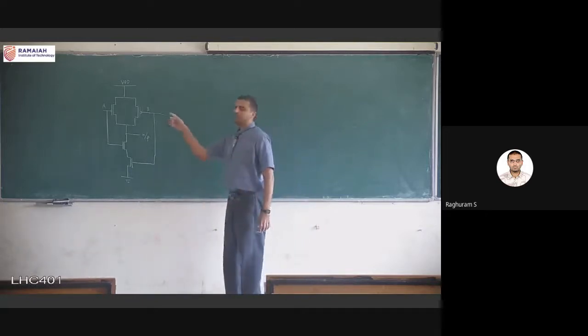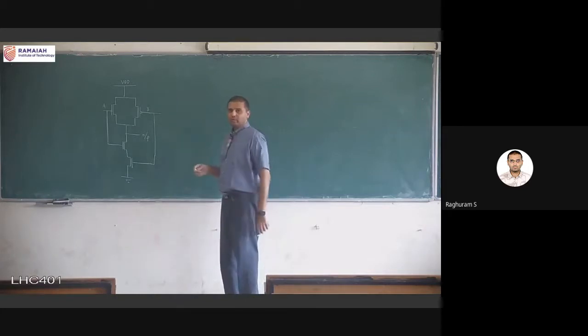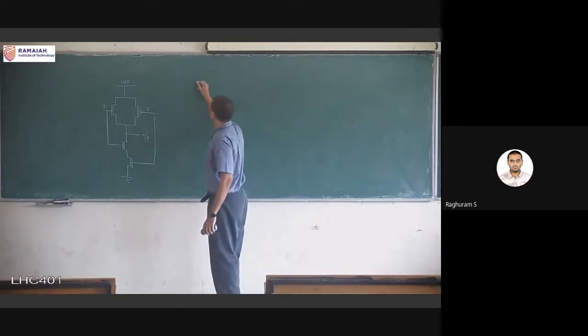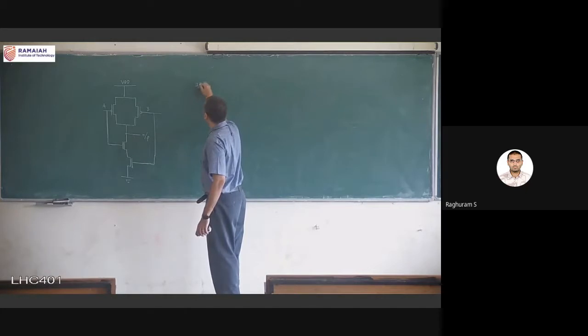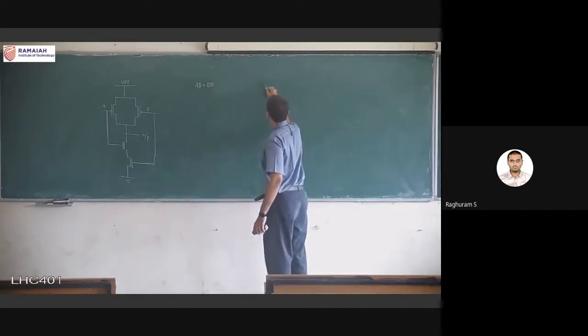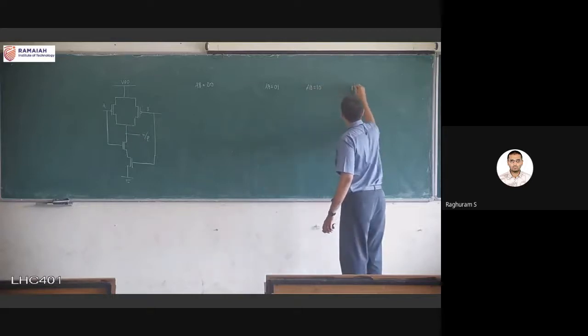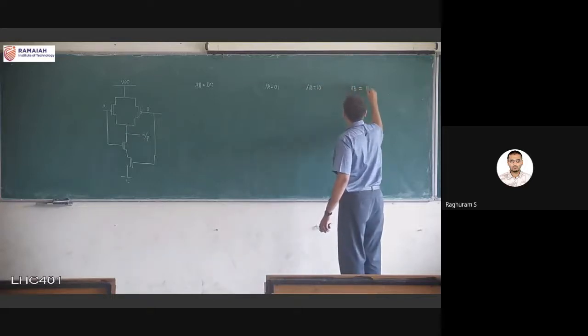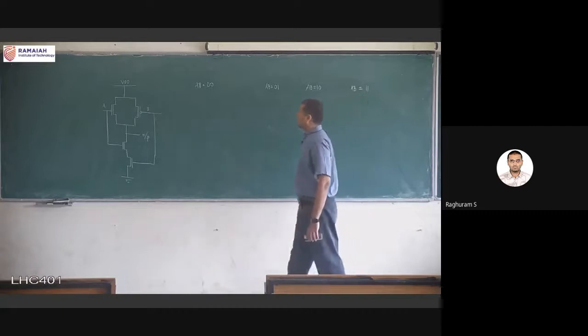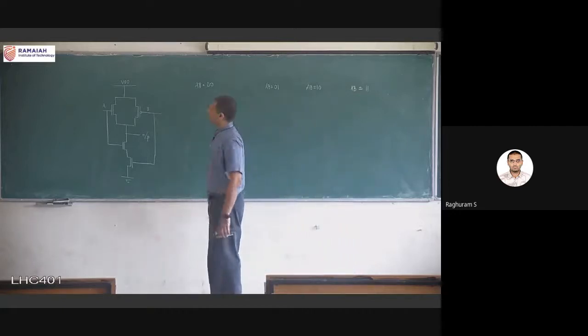So we have two inputs, so we will have four input combinations. We will start with AB equal to 0 0.